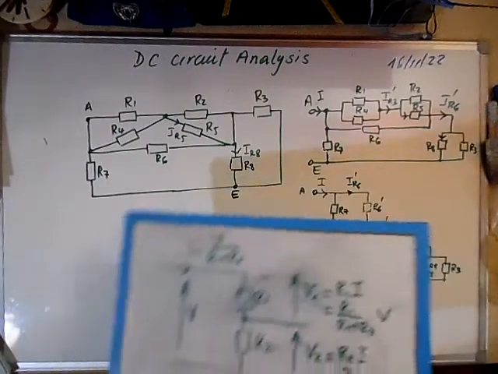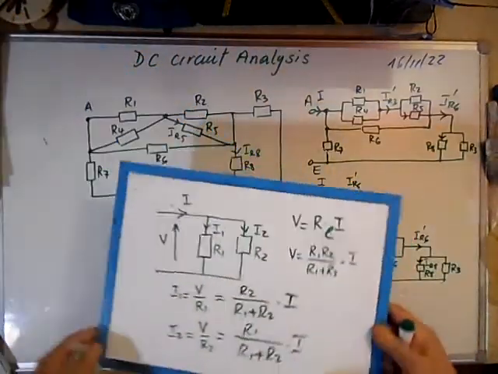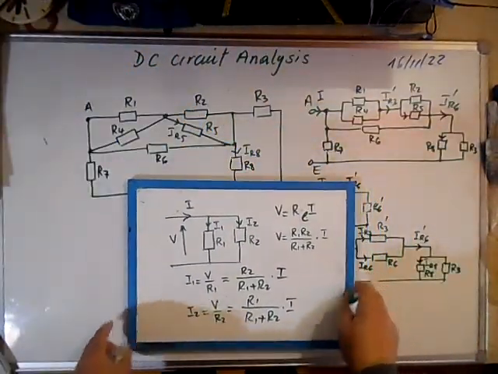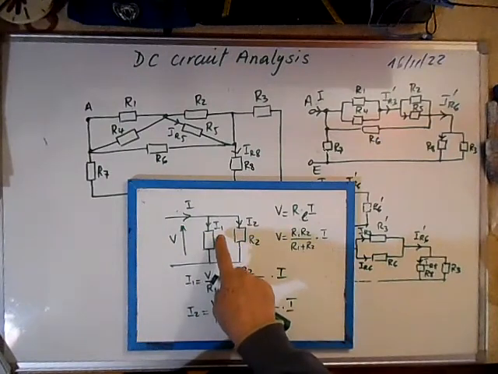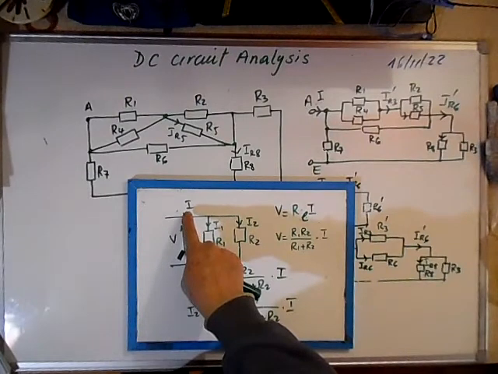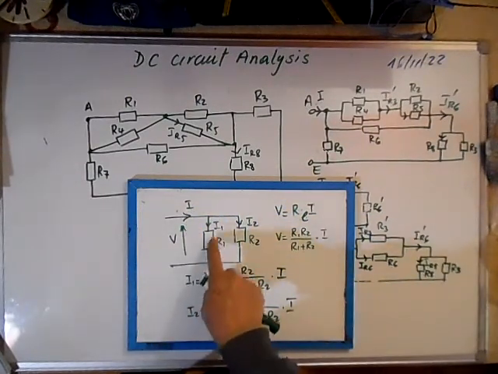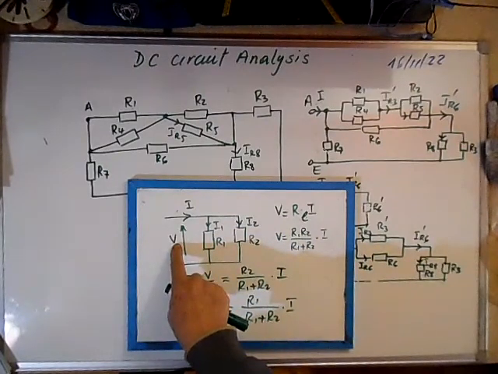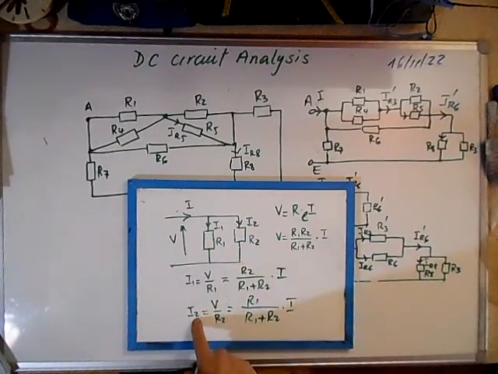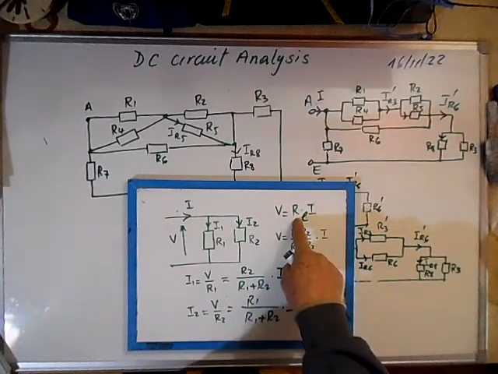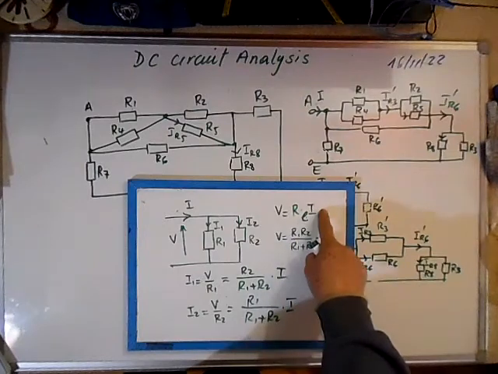So let's explain what the current divider rule is. We want to calculate I1 as a function of I, the main current, and I2 as a function of this current. The current flowing here is voltage divided by R1, and I2 is equal to V divided by R2, knowing that V is the equivalent resistance times the main current.